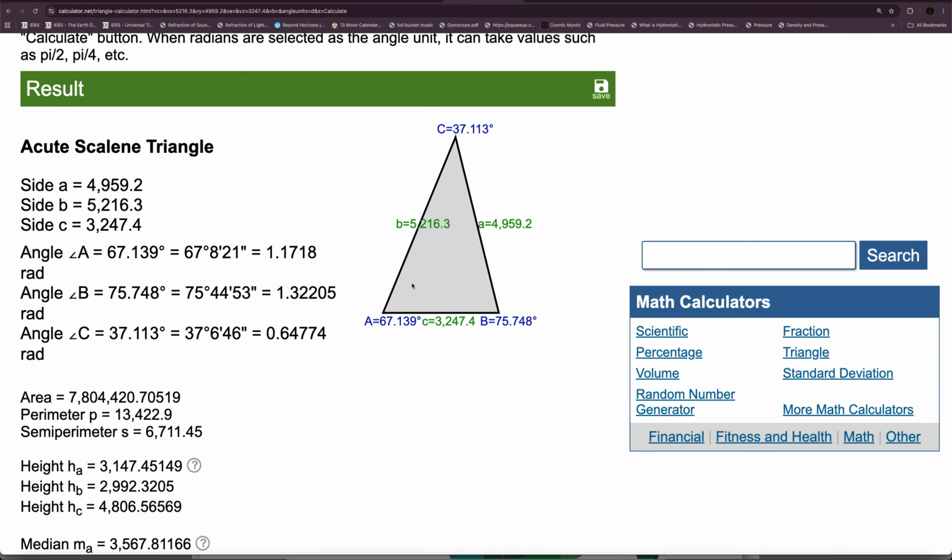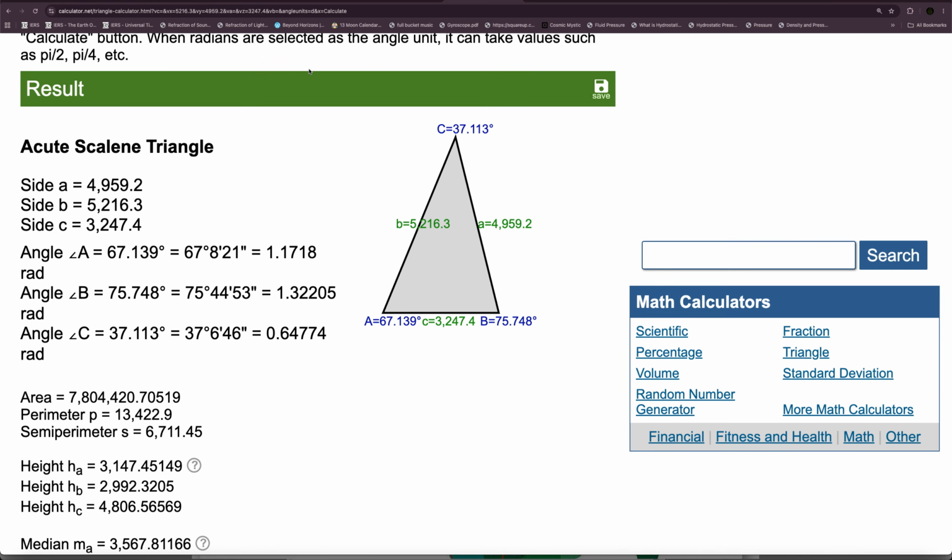Here we are, right? 5216.3, 4959.2, and 3247.4. And that gives us a perimeter of 13,422.9 miles, right? The area is 7,804,420.70519 square miles. So that's the area, okay?